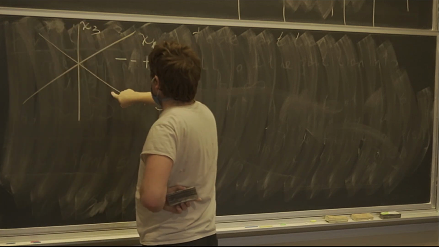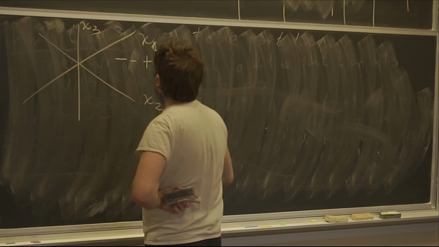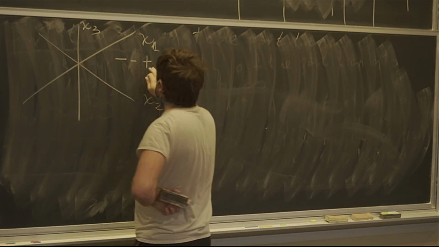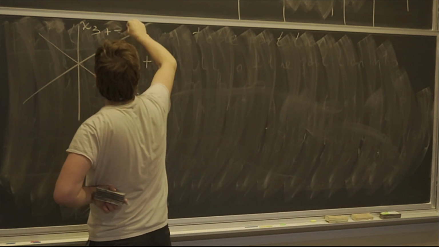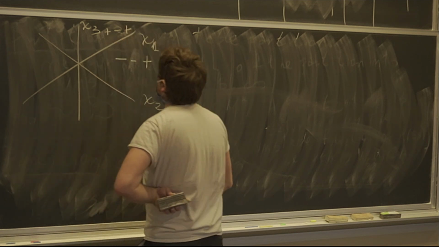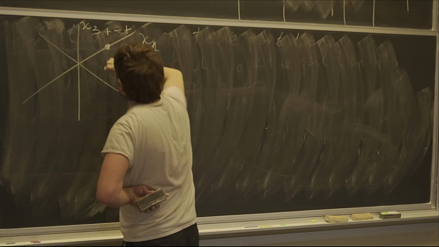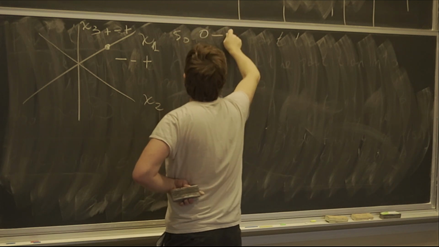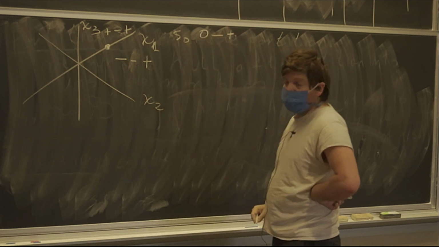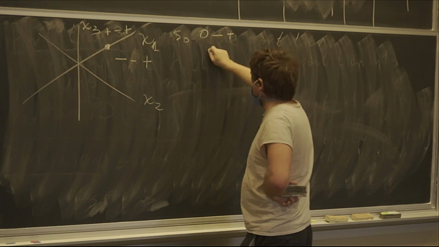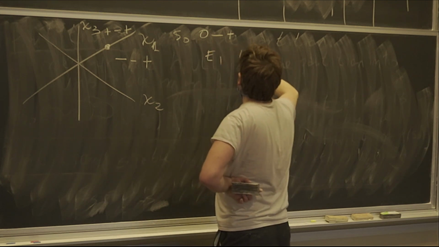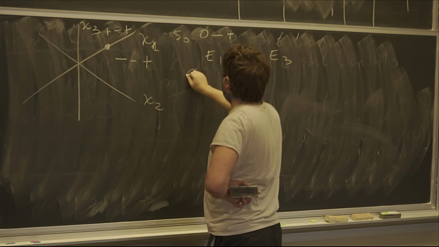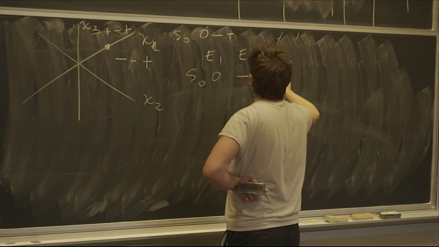So when I switch here, that configuration should be good. I have minus minus plus here, I have here plus minus plus. And over here S0 is 0 minus plus.